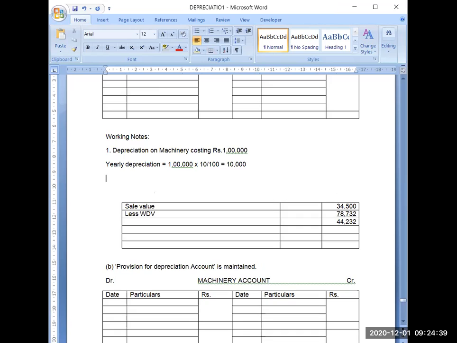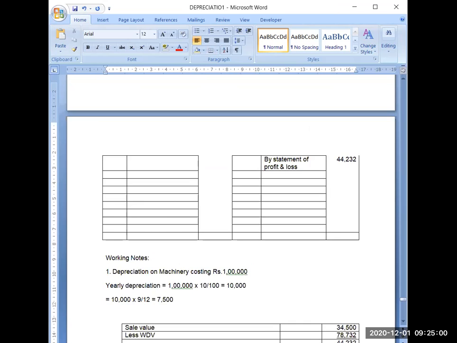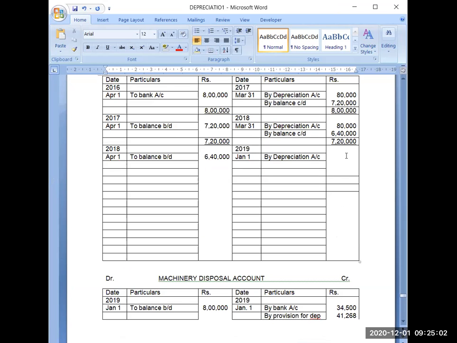So it will be equal to 10,000 multiplied by 9 upon 12, that is 10,000 into 3 upon 4. So it will be 7,500. So here we will charge the depreciation of 7,500.